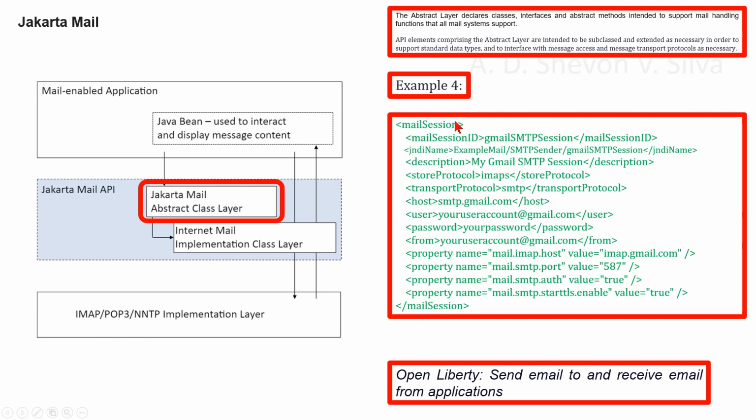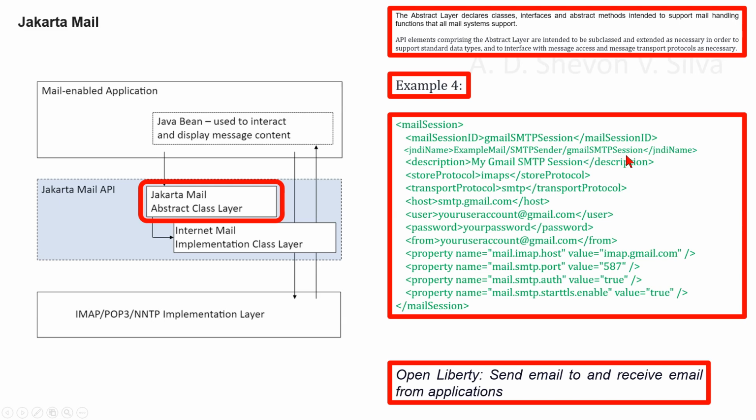The name of the WAR file is example mail, the class name is SMTPSender, and the name of the Jakarta.mail.Session object is gmailSMTPSession.